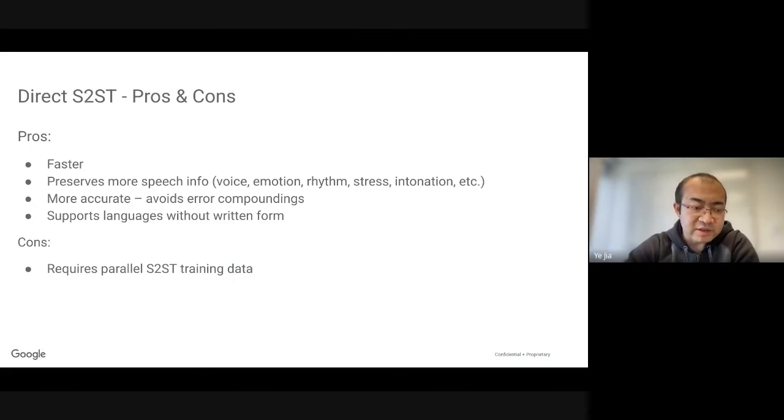So this is an important piece. And on the other side, there is also a big disadvantage of such an approach. To train a direct speech-to-speech translation model, it requires parallel speech-to-speech translation training data, which is rare and very expensive to obtain. And that's also the reason that we are working on CVSS and releasing this dataset to the public.